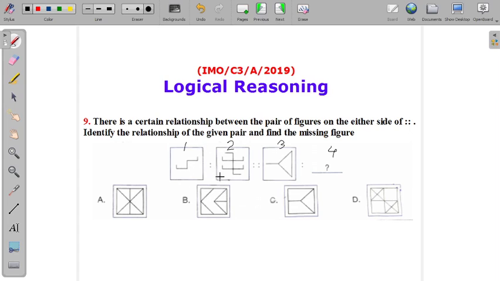See the relationship. While seeing the relationship, you find out how these figures are moving. The movement here, the way movement is given here, similar movements are there also. Now look at the third figure and check the fourth option available here.